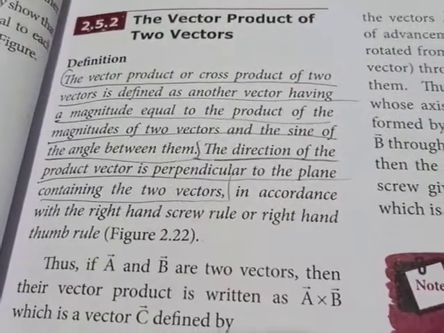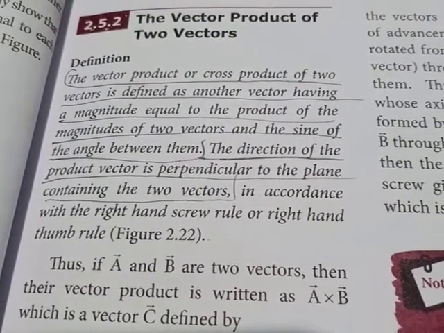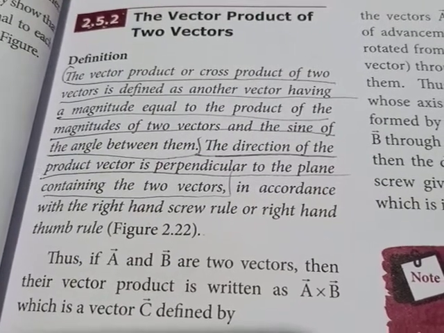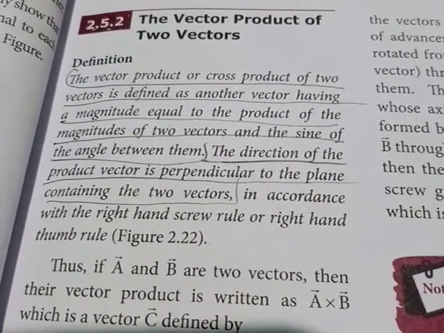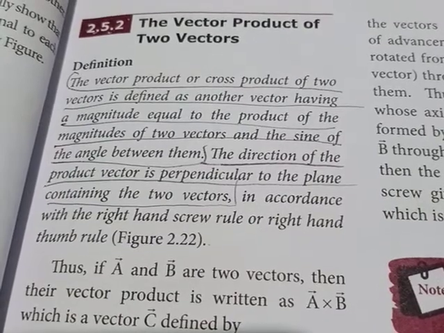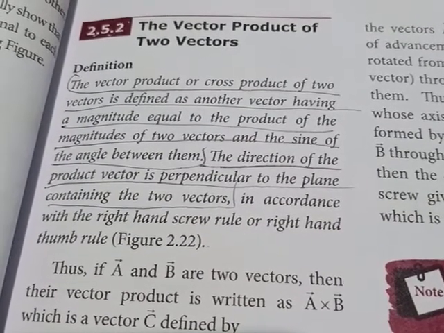Now let us see this definition. Vector product or cross product of two vectors is defined as another vector having a magnitude equal to the product of the magnitude of two vectors and the sine of the angle between them.